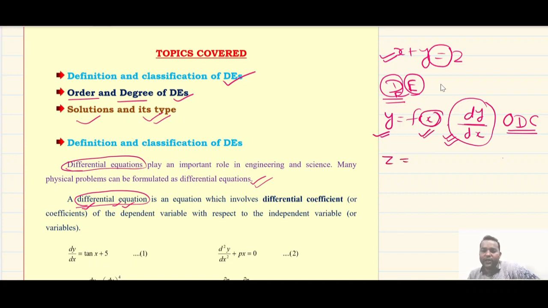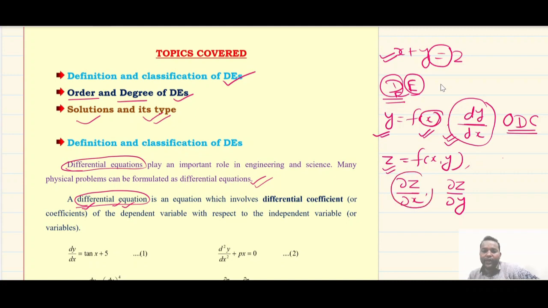Suppose z is a function of two independent variables x and y. If we differentiate this function z, then the differential coefficients are said to be partial differential coefficients. There exist two partial differential coefficients, del z over del x and del z over del y.